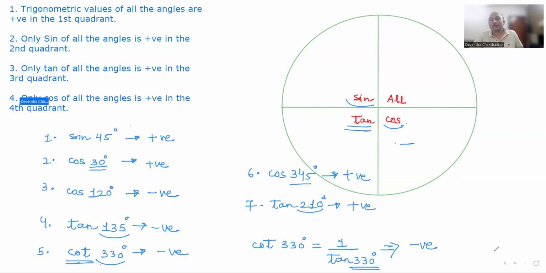ठीक है. So now once we are aware about it, let's draw the trigonometric table. Okay, please pay attention. Trigonometric table.